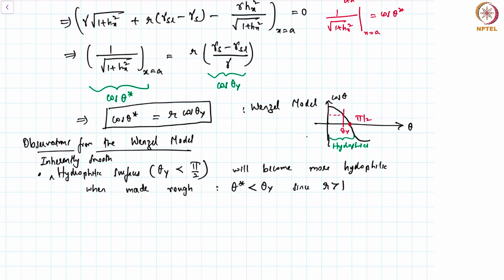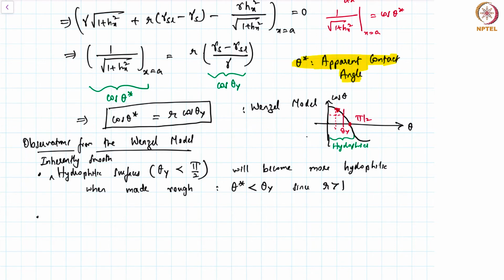So it means that you essentially move up this curve, and therefore your effective, apparent contact angle is even less than the Young's angle. So theta star here, I should highlight, is also referred to as the apparent contact angle. This is the angle that typically one sees in an experiment.